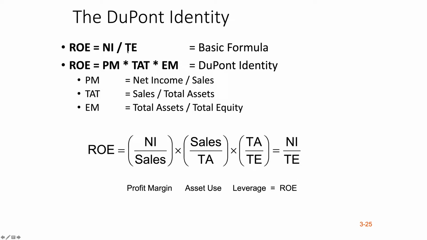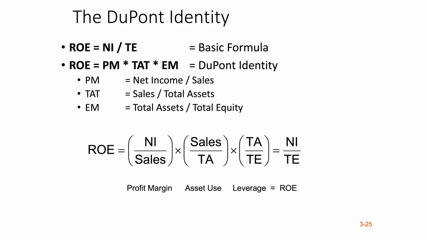Now financial analysts found you can decompose it into three ratios: ROE equals PM ratio, which is profit margin, times total asset turnover ratio, times equity multiplier. Those three ratios. You can decompose the ROE into three ratios.